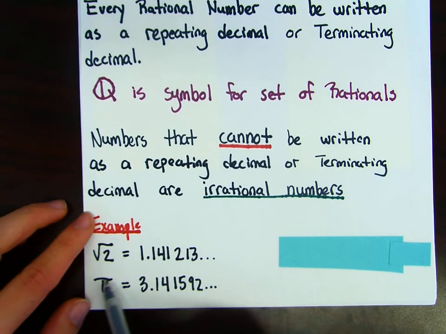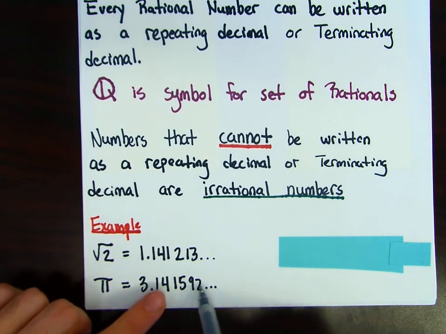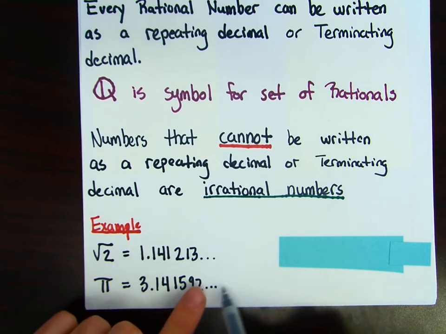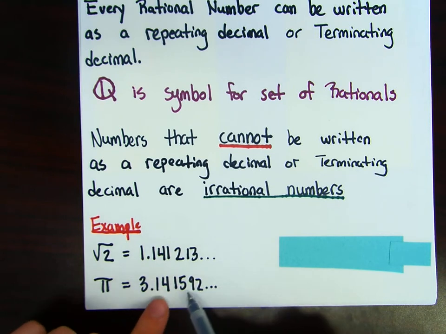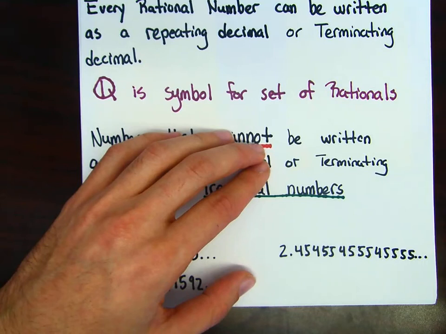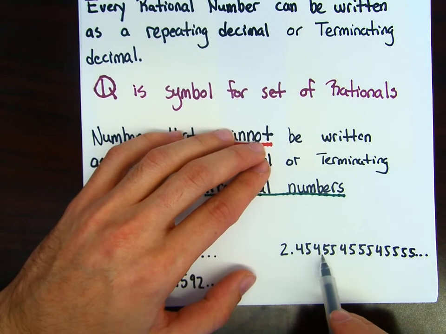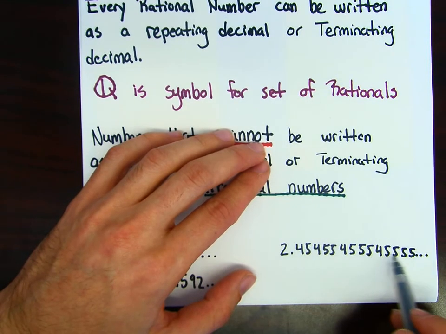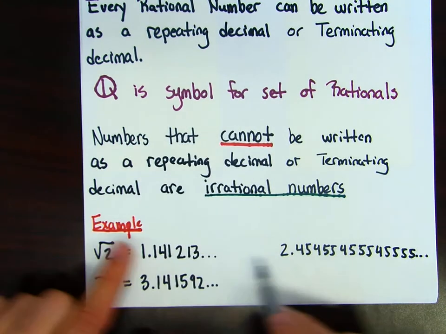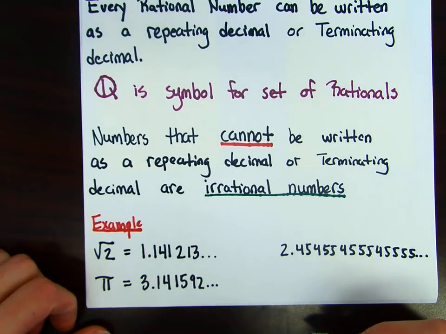The same idea with pi, 3.141592 and so on. The numbers don't have a repeating pattern, so this number is irrational. This random number here, 0.45455455555, does not have a repeating pattern, thus these are examples of irrational numbers.